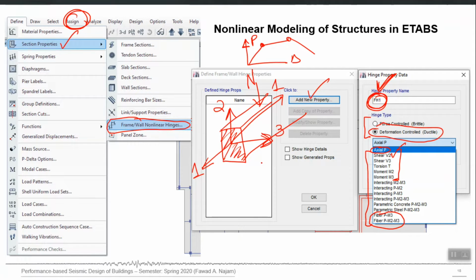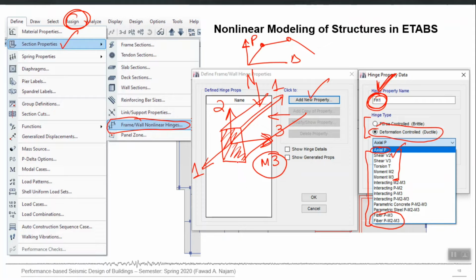So M3 is actually the primary bending moment caused by the applied loading. M2 will be the primary bending moment caused by the lateral loading. Since beams are mostly designed only for vertical load, therefore M3 is the primary bending moment for beams. But for columns, both M2 and M3 are the primary bending moments, because columns are designed to handle both moments, right?